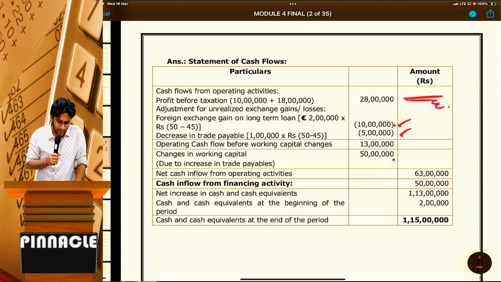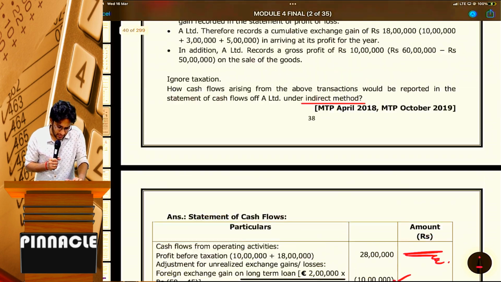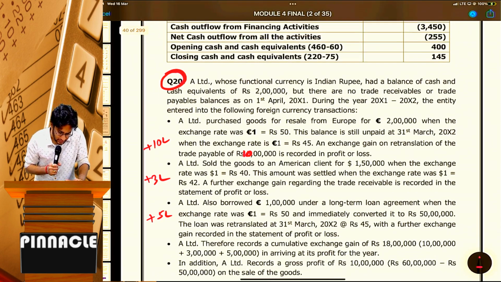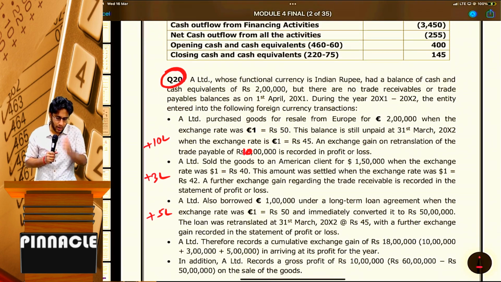He did it. Next. Sir, changes in working capital, he wrote 50 lakhs. How did he get that? Some mistakes are there, I guess. 50 lakhs, how did he get the change in working capital? Closing debtors are not there, sir. Already corrected. Okay. Borrowing is not a working capital adjustment. Forget about that.